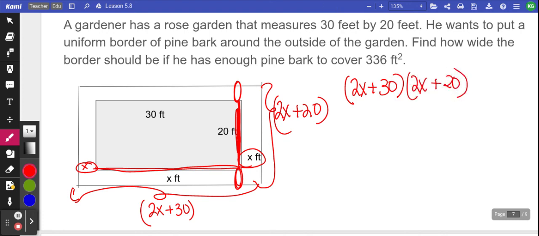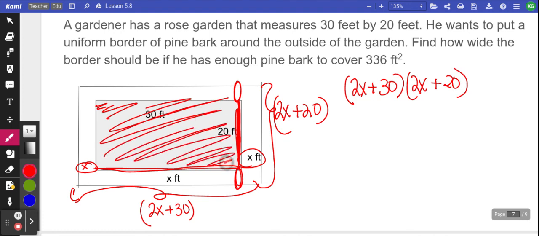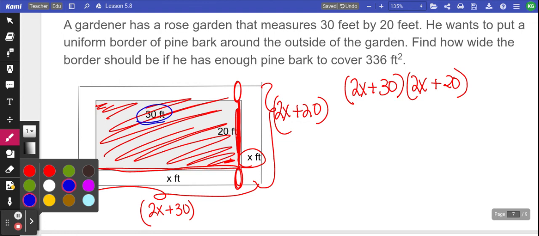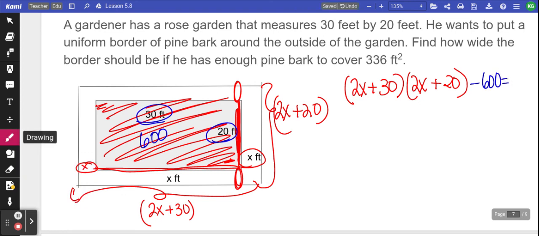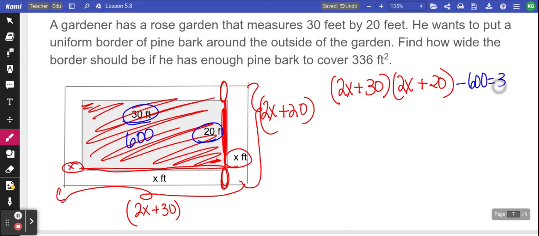But I do not want to cover this area with pine bark. So this area would be a 30 by 20, which is 600. So I'm going to subtract out 600 from my total. And I have enough to cover 336 feet.